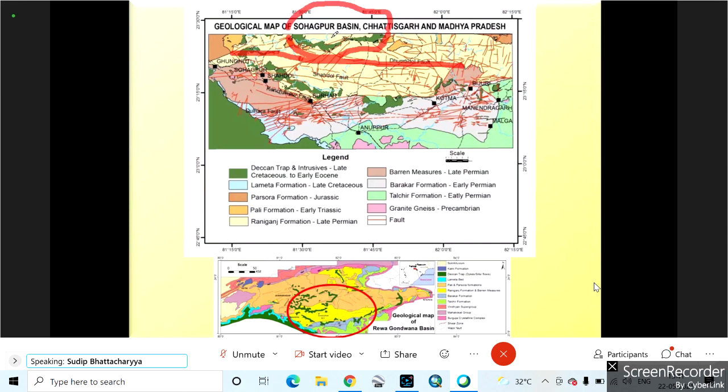Reliance also explored this CBM way back in 2007-08. There are two options. One is that thermal maturity should be there, because to get the coal bed methane we have to have coal maturity. Right or wrong? Is it clear to you?